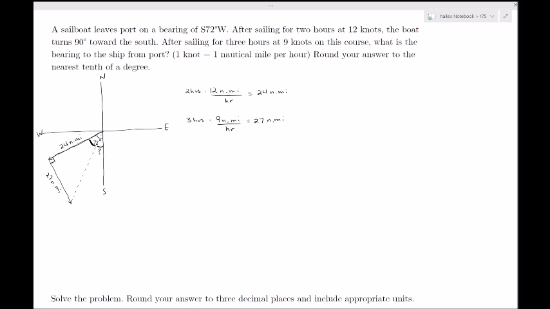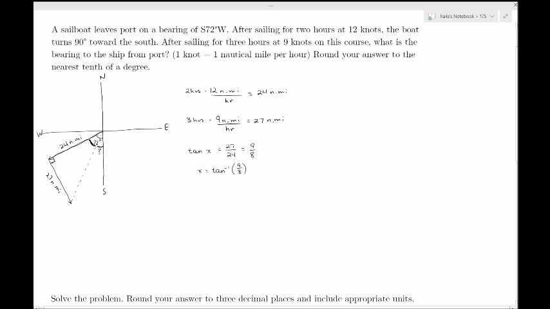The opposite and the adjacent side are related by tangent, so we can say that the tangent of some angle x is equal to 27 over 24, which reduces to 9 over 8. If you want to solve for x, you just take the tangent inverse of both sides, so we get that x is the tangent inverse of 9 over 8.